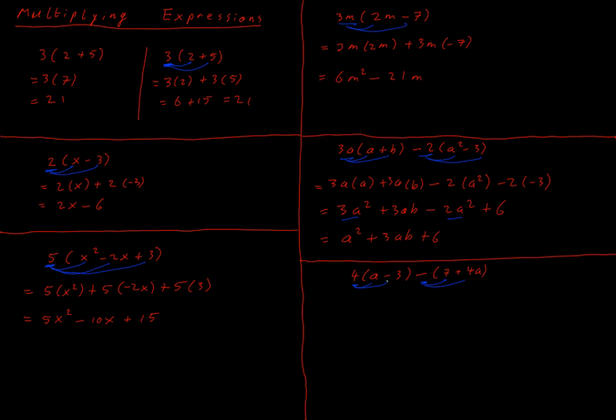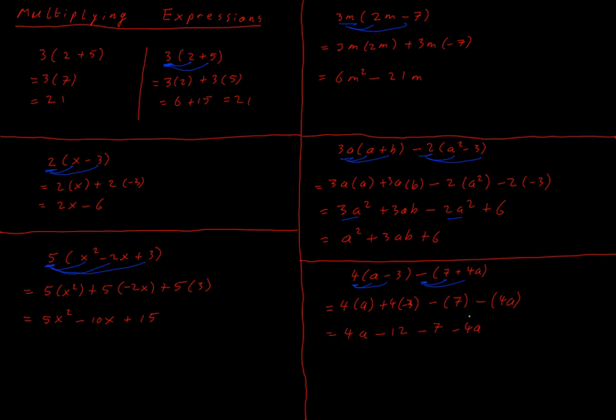So let's apply our method that we've been using. 4 by a, this is a plus 4 by a, plus 4 multiplied by minus 3, minus multiplied by 7, minus multiplied by 4a. So 4a, it's just 4a, plus multiplied by minus is minus. 4 multiplied by 3 is 12, minus by plus is minus 7, and minus by plus is minus 4a.